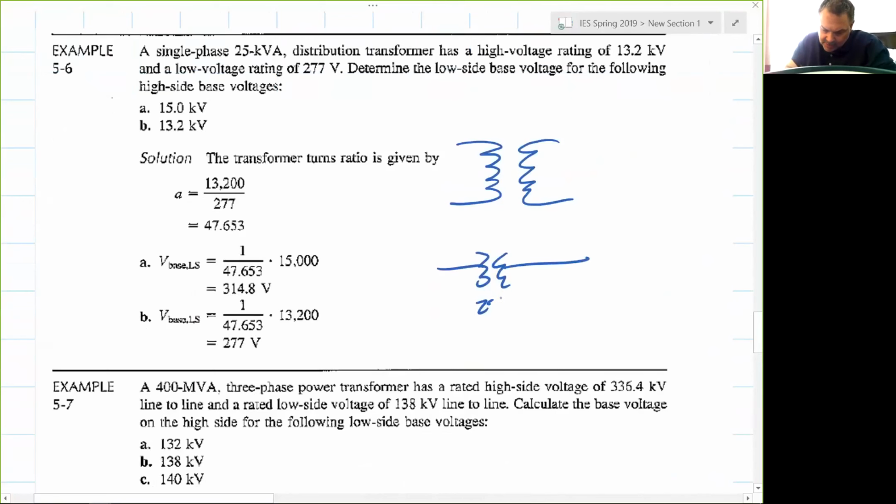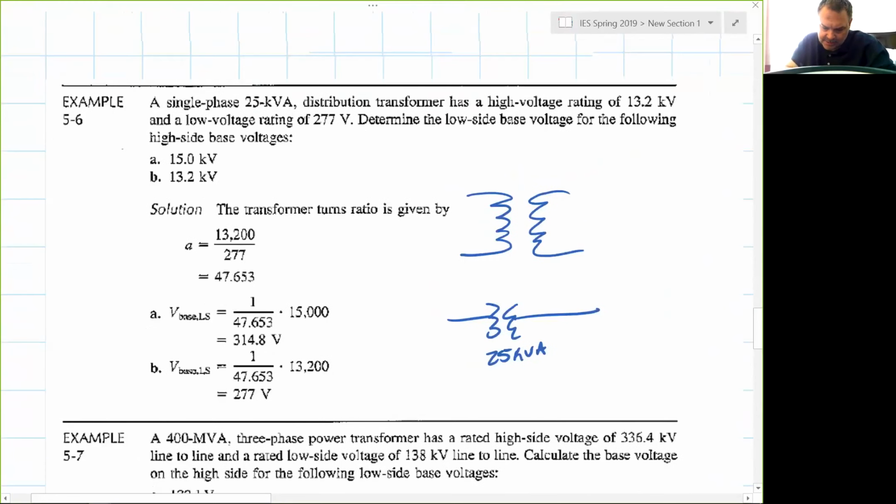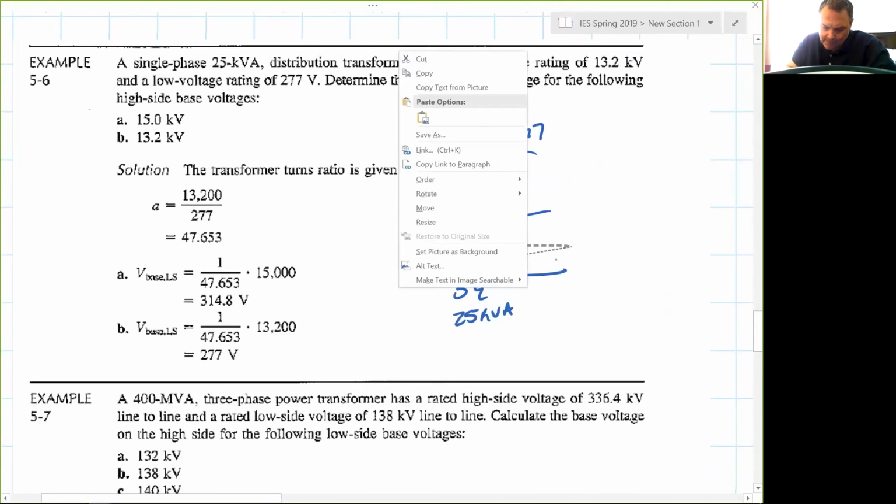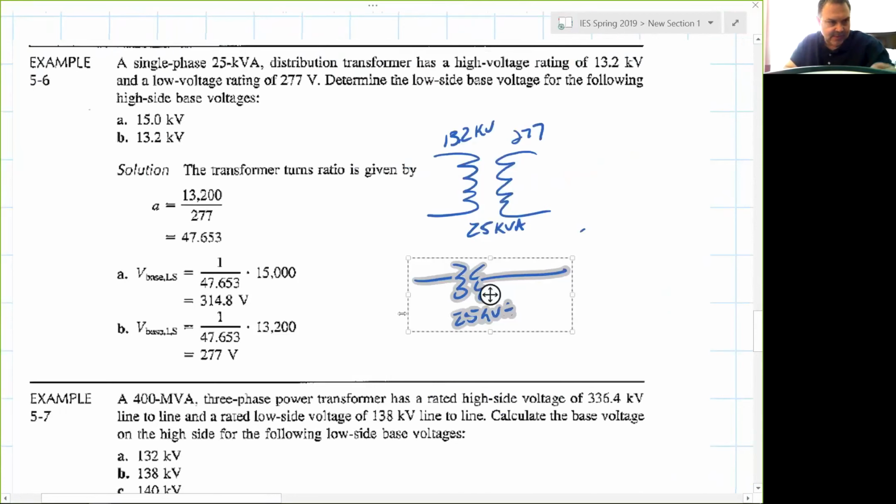And this is a 25 kVA, and it's rated, so this is why I've emphasized the difference between ratings and actual. So it's rated 25 kVA. It is also rated 13.2 kV to 277. So again, this is one phase. We're really just looking at one phase of a three-phase system.